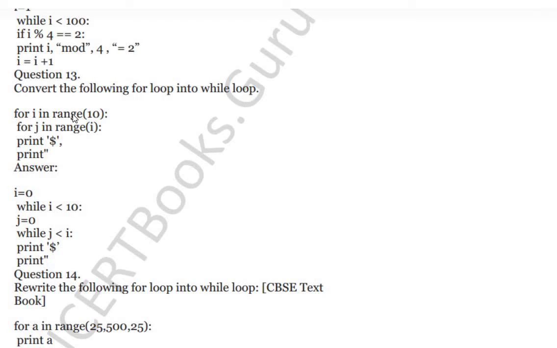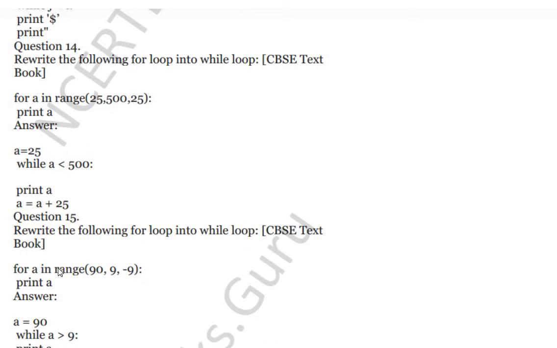When the loop executes, I will be less than 10. Now again j will be 0 because the initialized value is not given, and this loop will go till I. Okay, then print dollar. I hope you will get the conversion, how to convert any for loop into a while loop. Fine. The next question you will solve yourself.